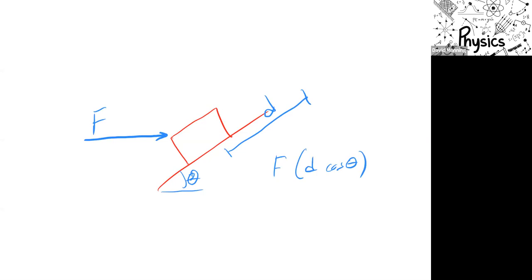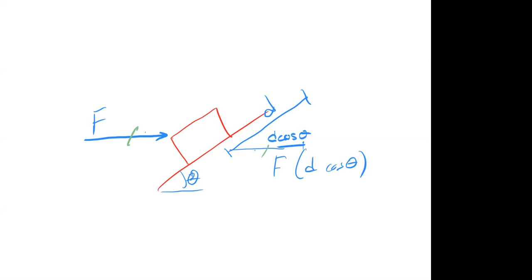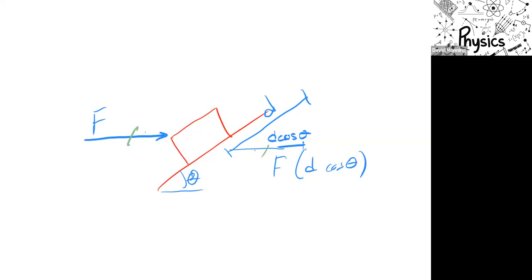Because F and D, you're only going to use the x component of D here, d cosine theta, because the force and the distance have to be in the same direction. Okay. Does that make sense? I think so. So yeah, that's all that's happening there.